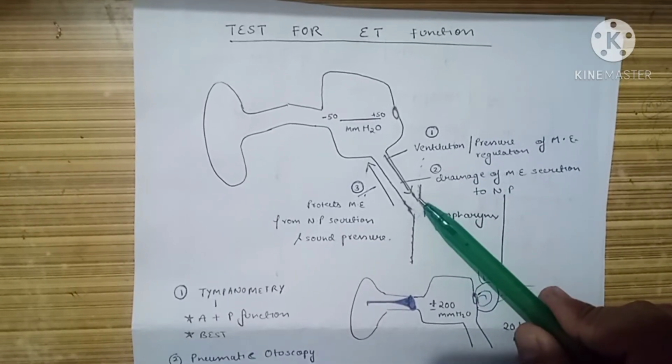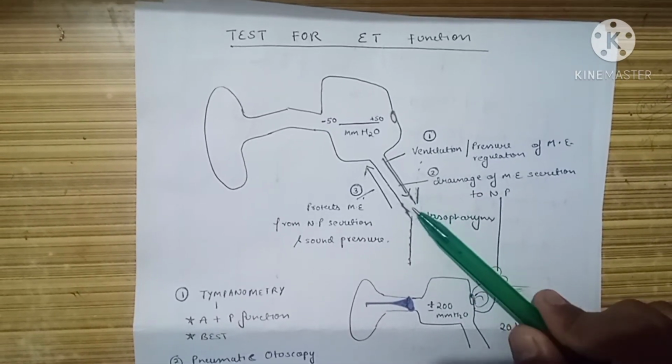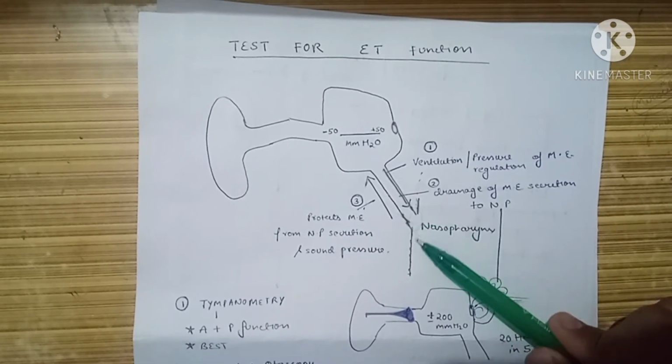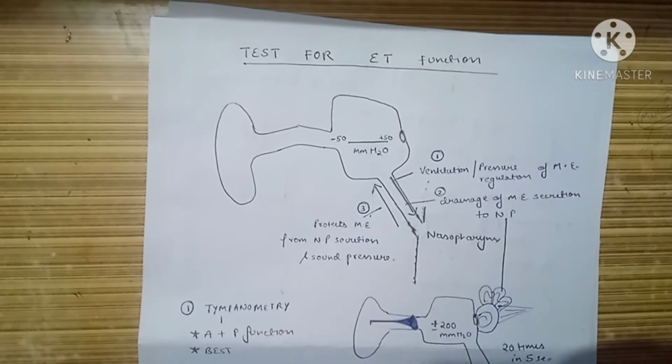One more clinical feature is that near the Eustachian tube opening in the nasopharynx is a pad of fat known as Ostmann's pad of fat.